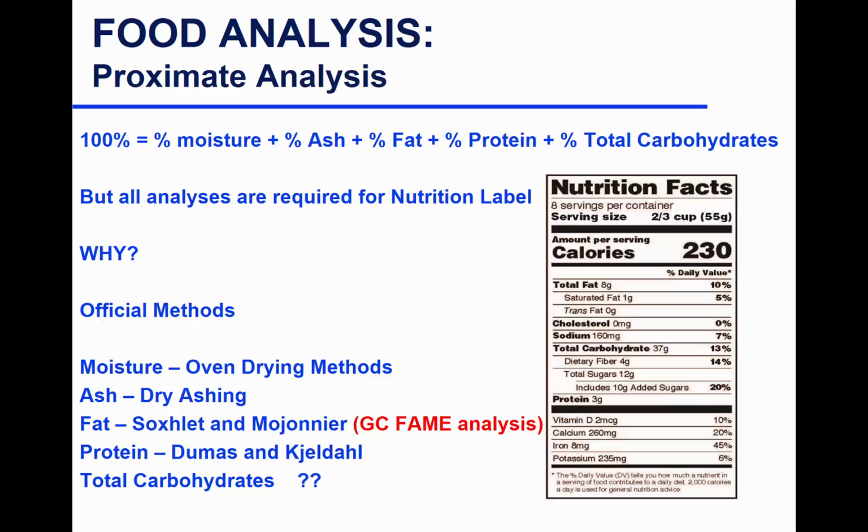Ash, the official one is the dry ashing. Some of you have done that today in lab, where you put your sample in a muffle furnace and burn off all your organic matter, and that's what we're going to talk about today, mostly the ash analysis. Fat, official methods are Soxhlet and Mojonnier.